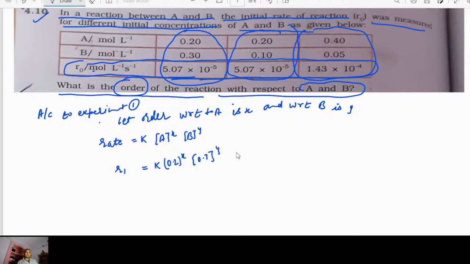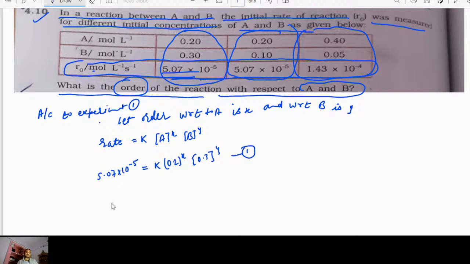So this is equation number 1. At the place of rate, the R1 value is also given. So here we are mentioning the R1 value, rate 1, it is 5.07 into 10 power minus 5.